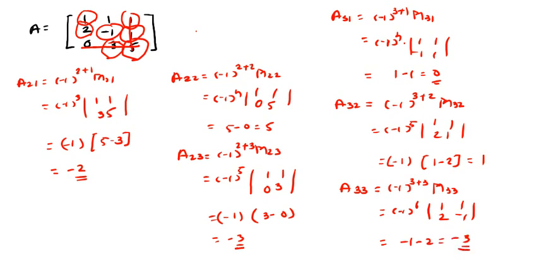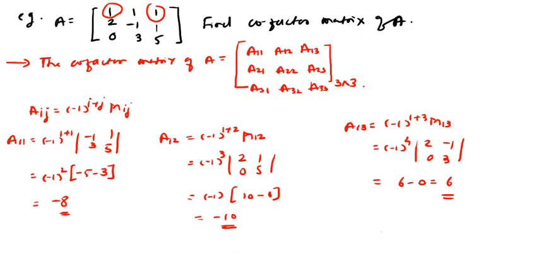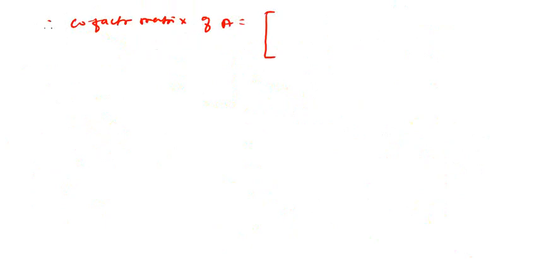So we got all the values for the elements in the cofactor matrix. So finally we can write our required cofactor matrix. Therefore the cofactor matrix of A is equal to, now the entries A11, A12 and A13 are -8, -10 and 6.